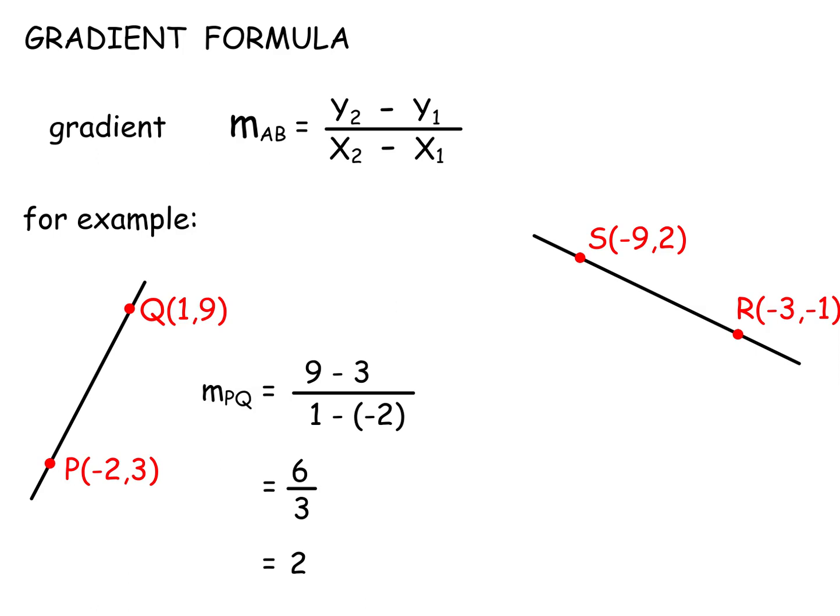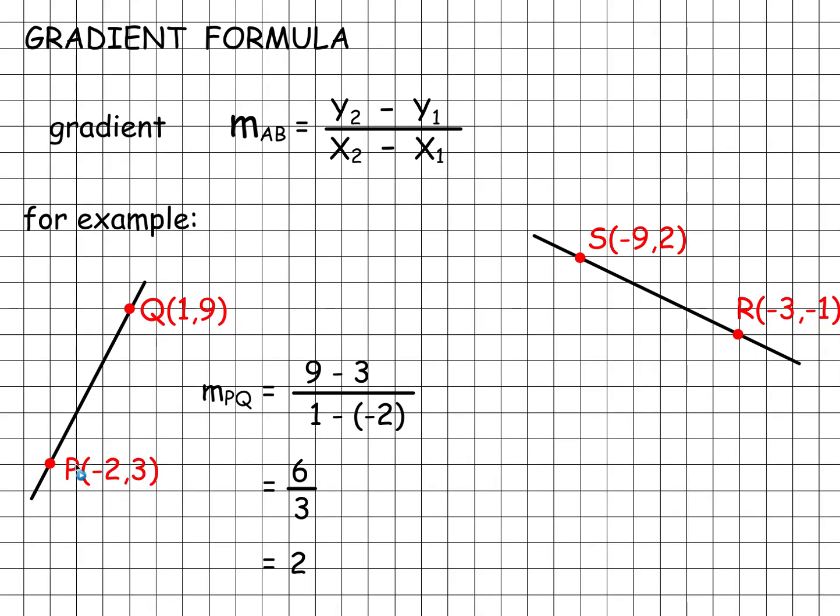If I put the grid there, we'll be able to see vertically between these 2 points, that's 6 boxes, and horizontally between these 2 points it's 3 boxes. So it was 6 in the vertical, 3 in the horizontal, there's the 6, there's the 3. So that's the gradient of PQ, M for gradient of line PQ.